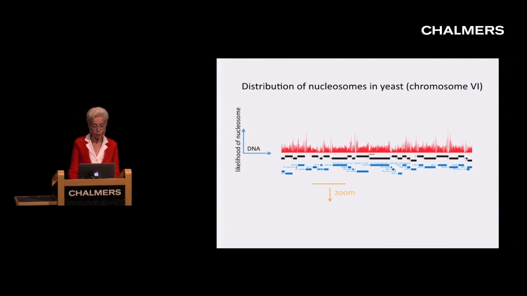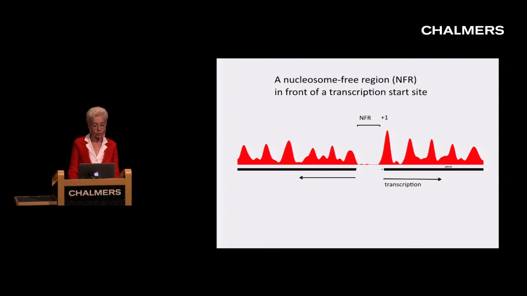A similar picture would be seen for almost any region of any yeast, or for that matter, mammalian chromosome. It is a picture of more or less uniform coverage by nucleosomes, punctuated by occasional absences. Zooming in on the beginning of one RNA transcript, you will see the virtual absence of a nucleosome in front of the gene, a so-called nucleosome-free region, or NFR.